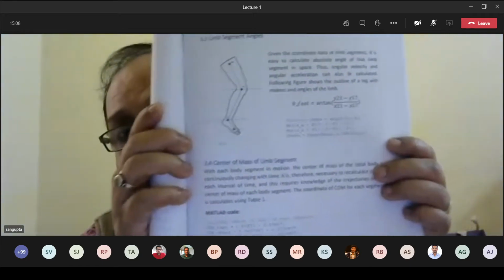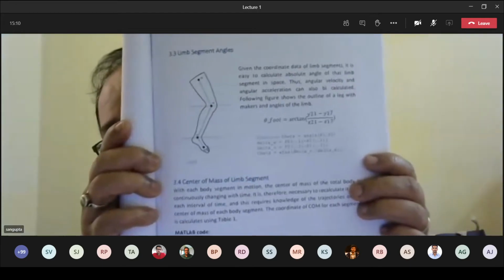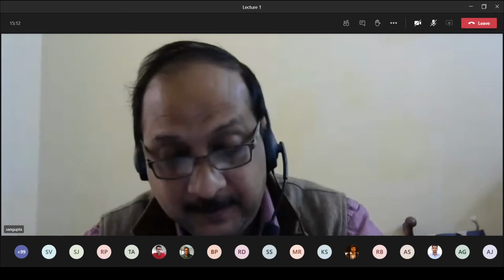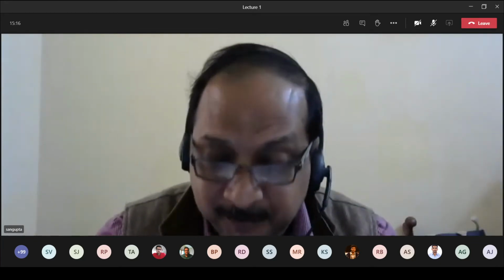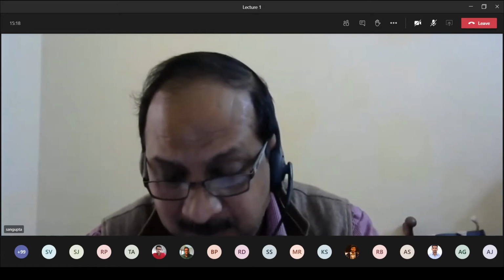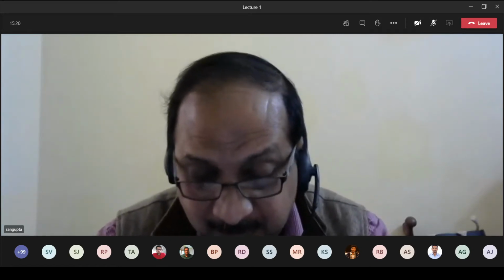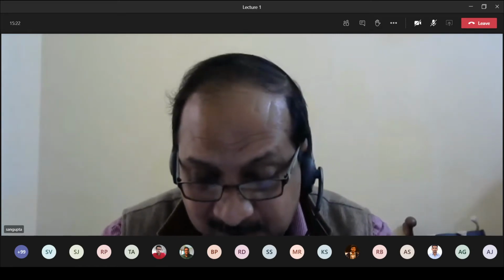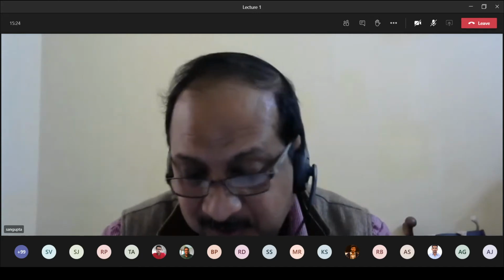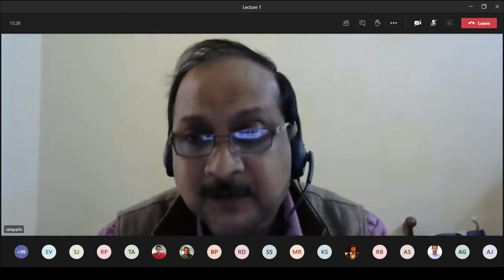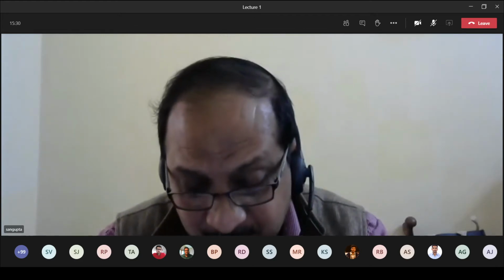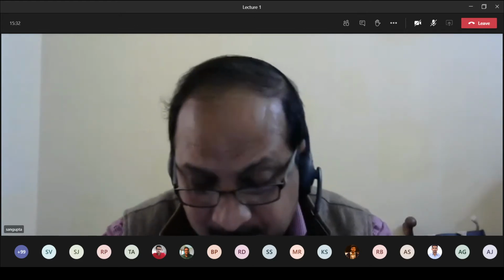Then the center of mass of limb segments. For all these anthropometric data, they've used some MATLAB code for finding the center of mass of each segment.